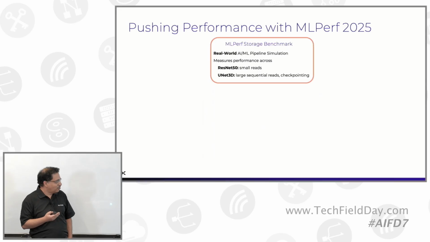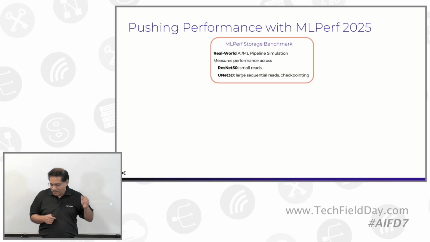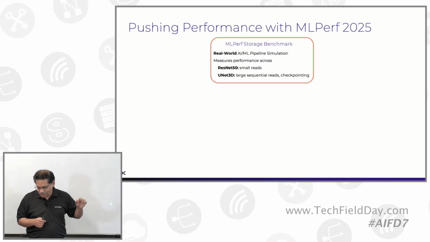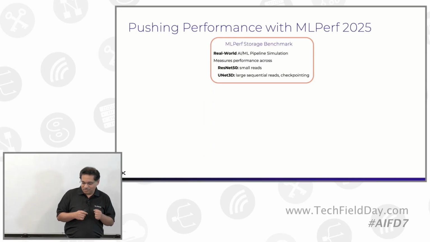And so what the MLPerf benchmark does, just to give you an idea, is that it simulates real-world AI/ML pipelines, right? Typically people run storage benchmarks looking at raw I/O throughput, but this actually simulates an end-to-end workflow of a model training exercise. And it measures performance across two of these workloads. One is called ResNet 50, which is more for image classification. It sort of exercises small reads performance.